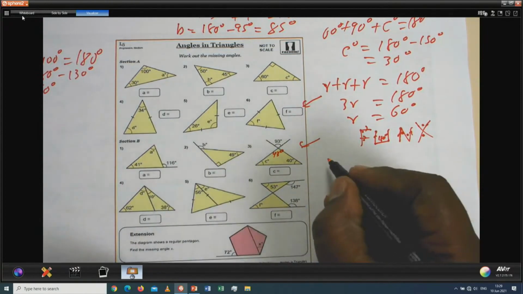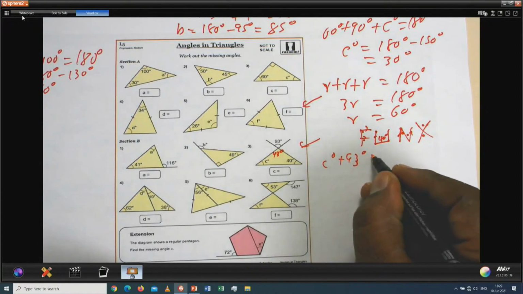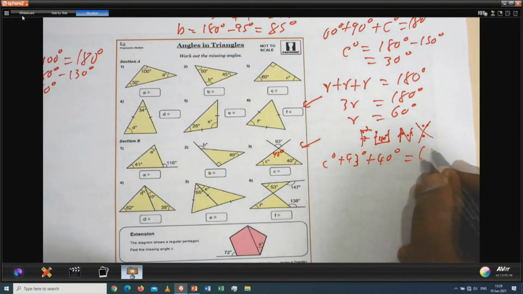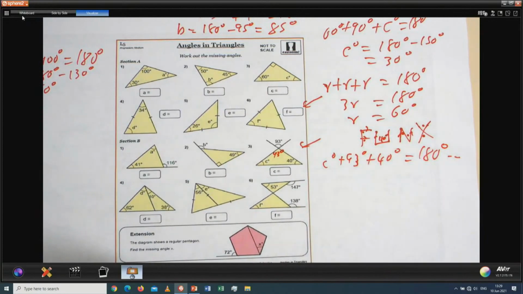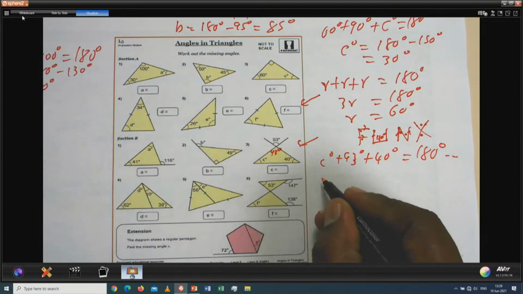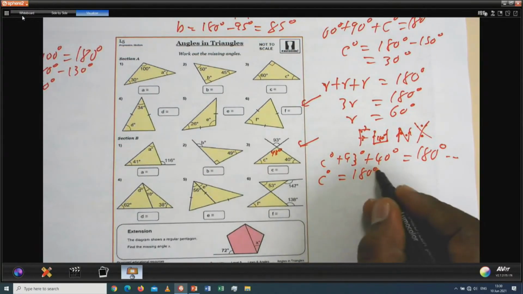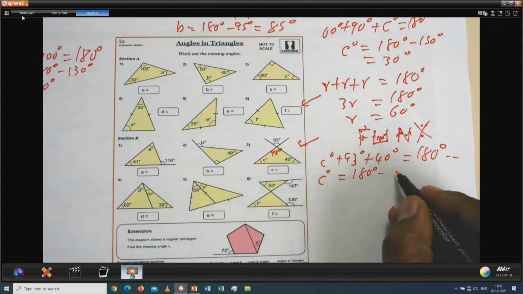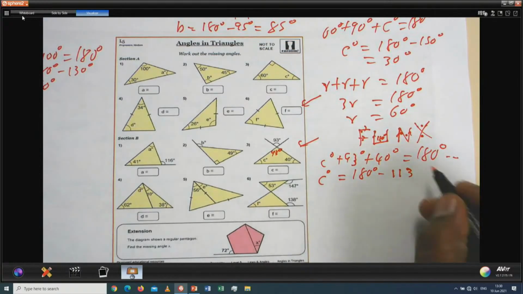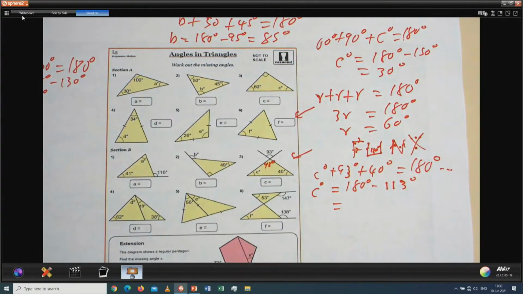Then I can say, all right, C degrees plus 93 degrees plus 40 degrees equals 180. What is the reason? Angles in a triangle are supplementary. Therefore, your C is equal to 180 minus 133 degrees, which is 47 degrees. So properties are carrying you.